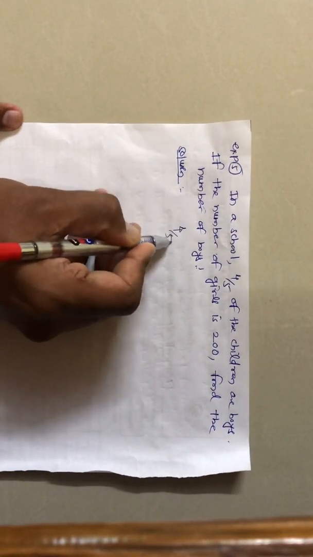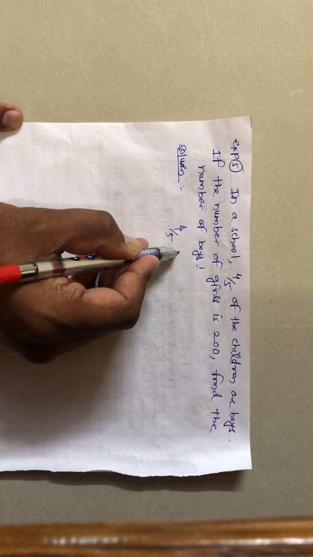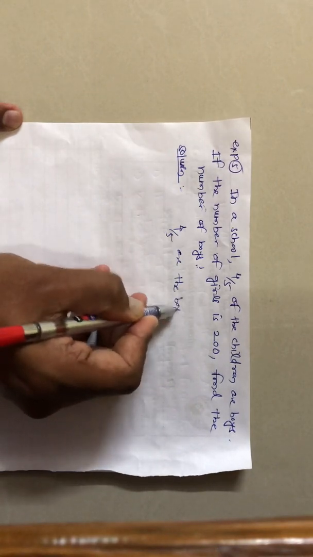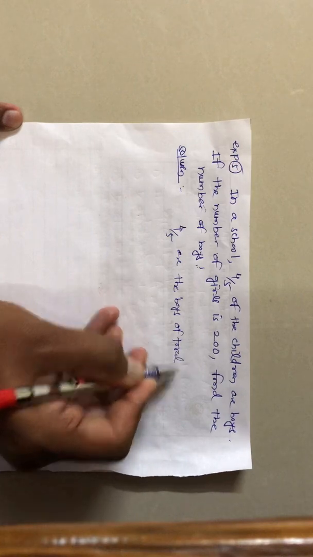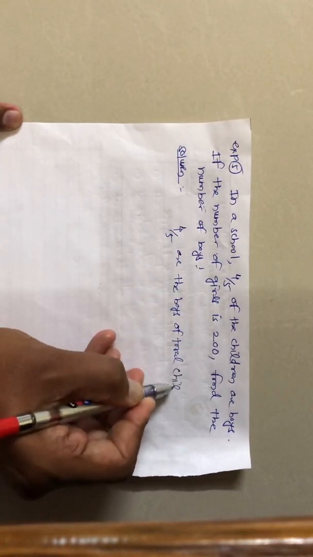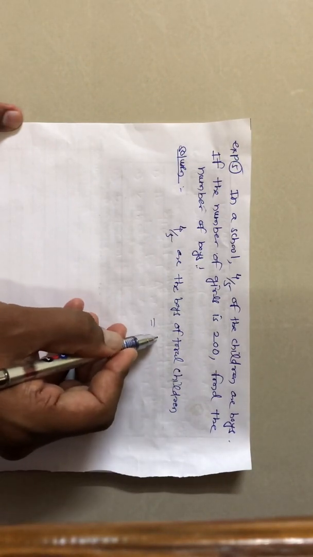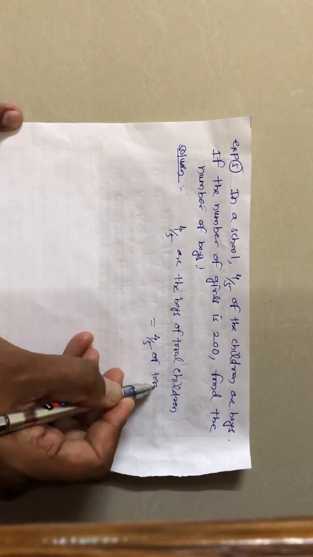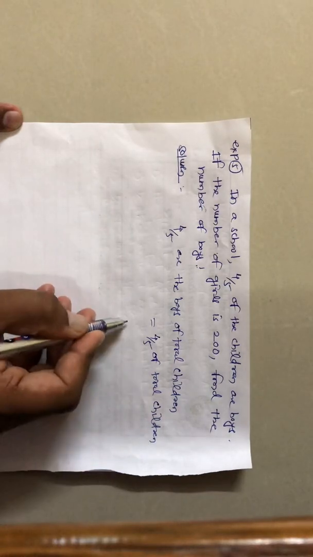So 4 by 5 are the boys of total children, is equal to 4 by 5 of total children.